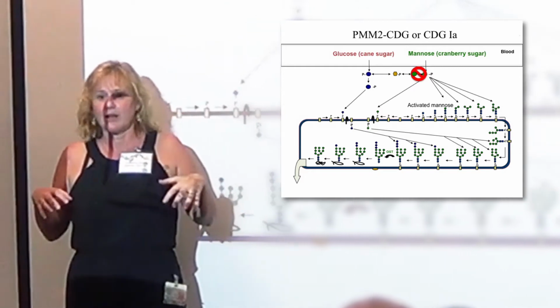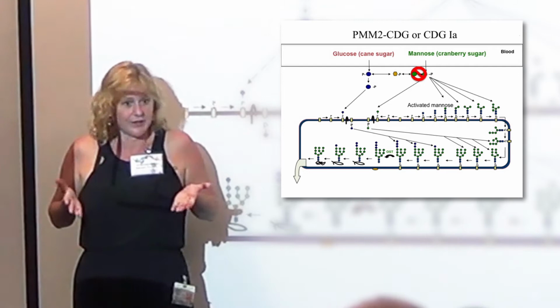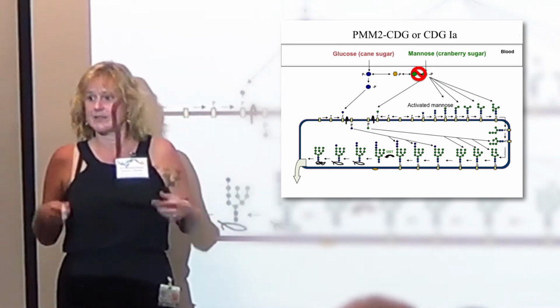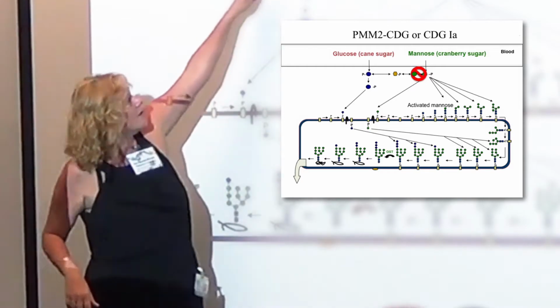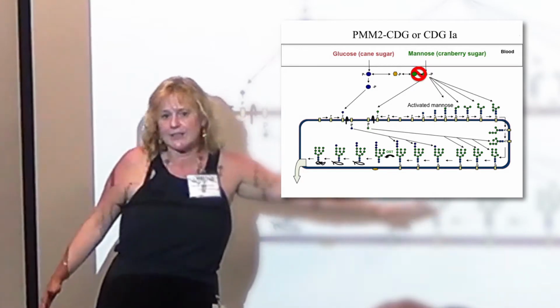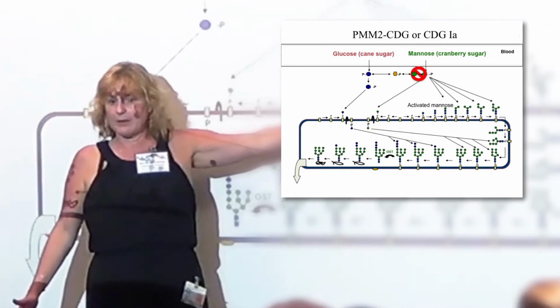They have to be brought into your cell. You eat it, it's taken up from your gut, and it circulates in your blood, and then it's taken up by the cells. Then you can use it for glycosylation. So it goes into the cell. And here is this machinery, this fabric. I just showed you how step by step we are building this sugar chain.